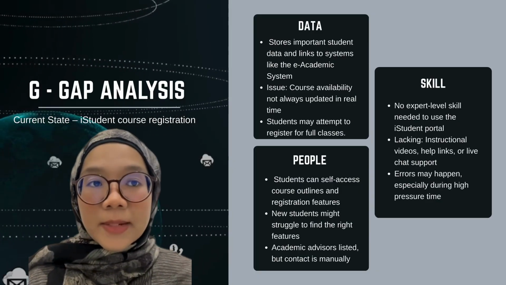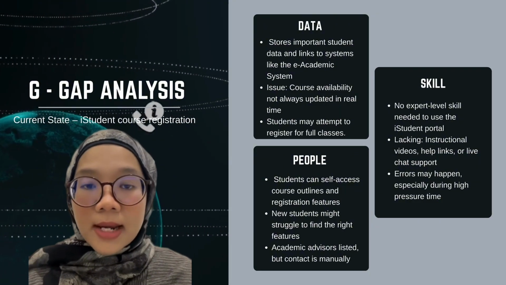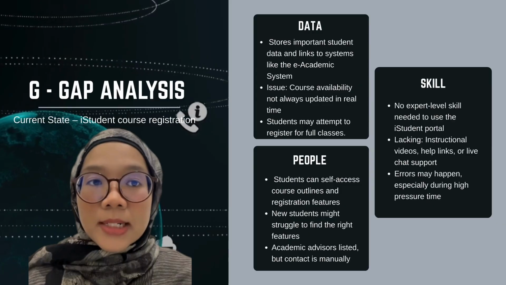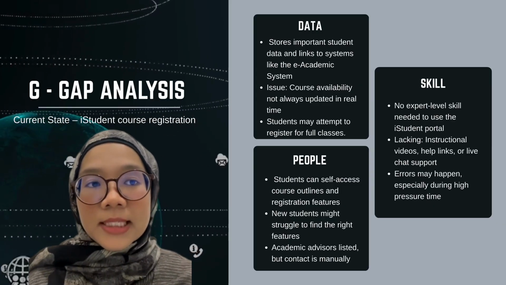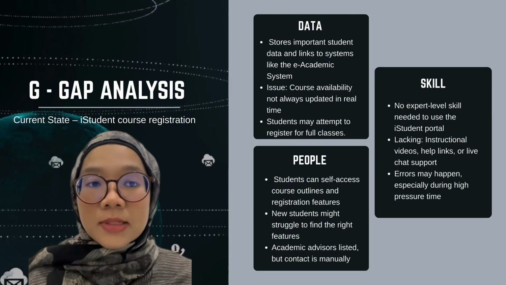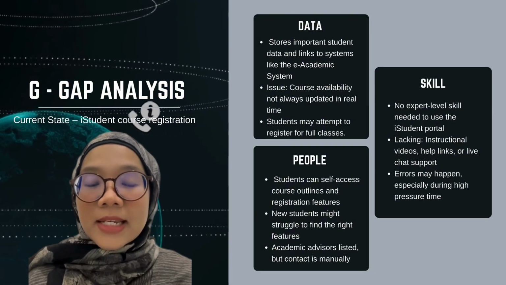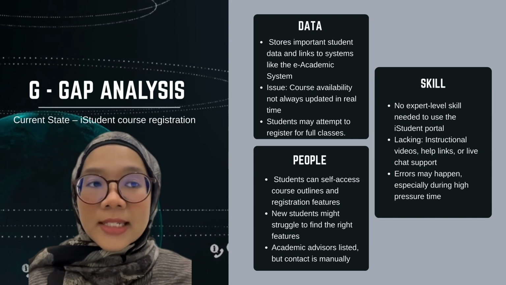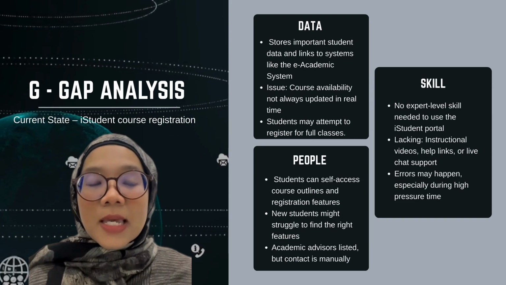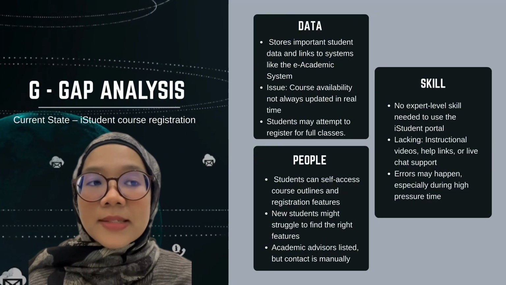Next, let's look at the people aspect. Students are able to access course outlines and registration features on their own, which supports self-service. However, this setup is not equally effective for all users. New students in particular often find it difficult to navigate the system or locate specific features, especially when they are registering for the first time.